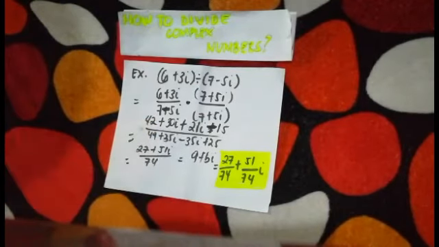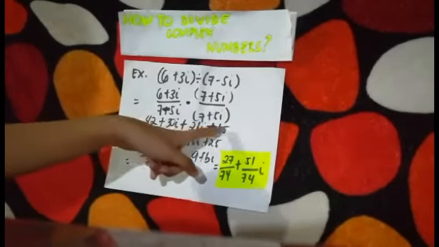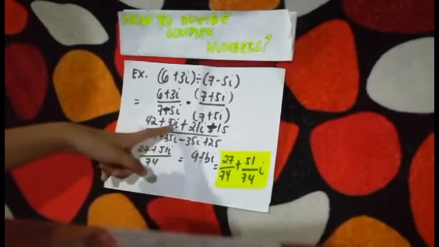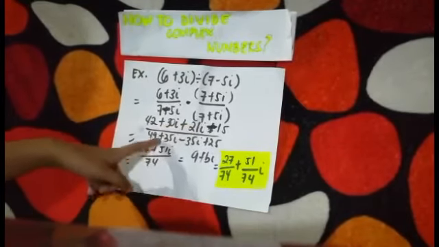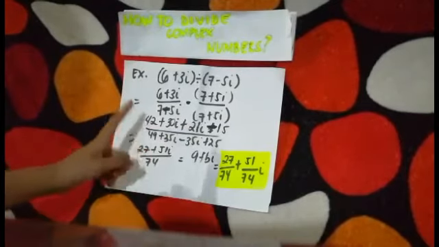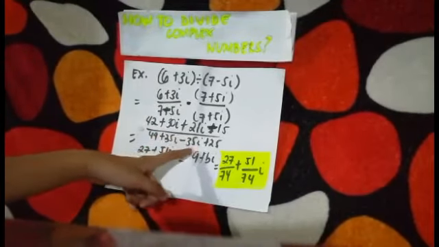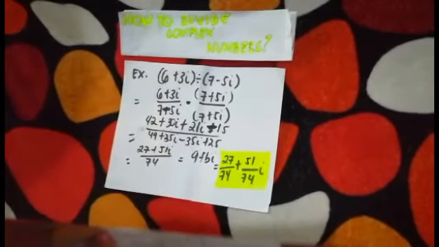Then we will add the real numbers and the imaginary numbers again. 42 plus negative 15 is equal to 27, plus 30i plus 21i is equal to 51i. Then in the denominator, positive 35i minus 35i is equal to 0, so we will cancel it.